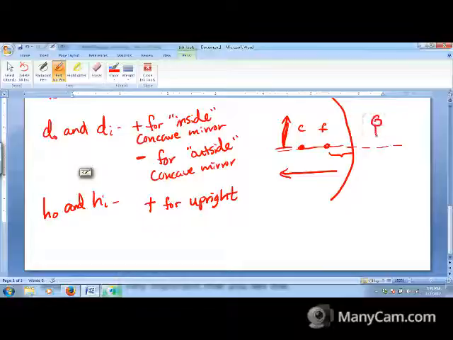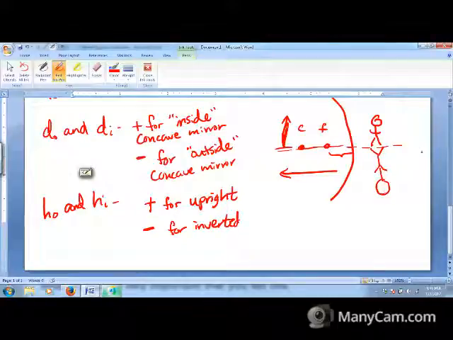Think of a person just standing on this. If your height is negative, then your person is inverted. I'm not even going to try to draw that, but inverted. So if you get a height that's negative, you know the image is below the mirror system.